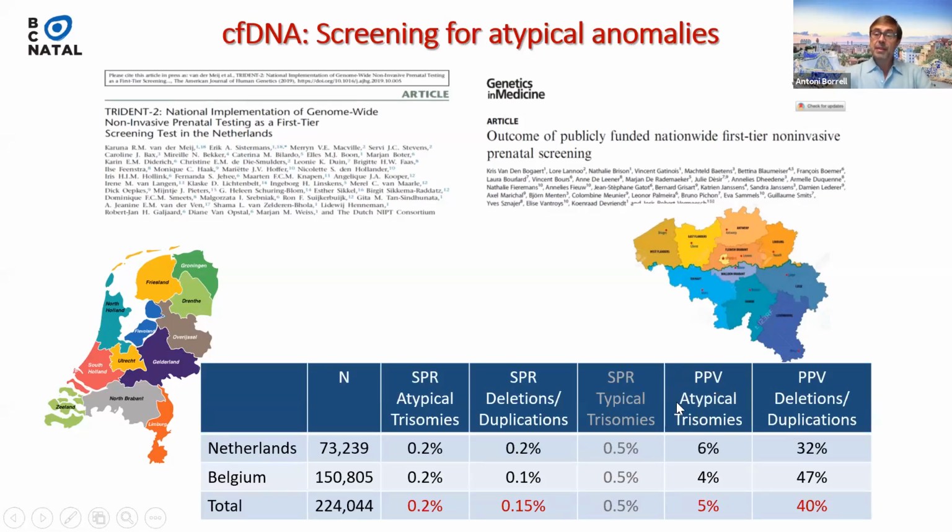And the positive predictive value is surprisingly low for atypical trisomy, 5%, like the combined test, 5%, 1 in 20. Still, it is 1 in 20, but it's low compared with the positive predictive value for all the other anomalies. Finally, the positive predictive value for deletions, duplications is intermediate, 40%, almost half.